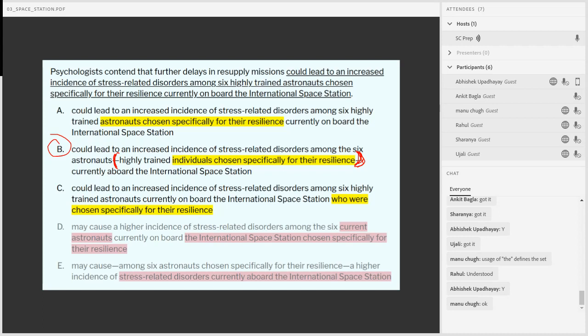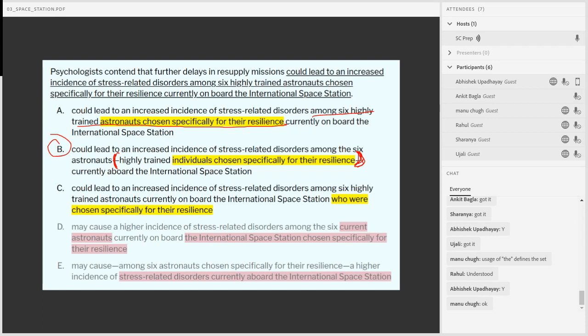Now, if we go for something like option A, it says that the disorders will be among 6 highly trained astronauts chosen specifically for their resilience. It means we're not talking about the others, but we're saying only those 6 who were chosen for their resilience will be affected. Right? Now, this is weird because, first of all, you would expect the disorders to affect all the astronauts. Secondly, even if somebody is affected, you would not expect the resilient ones to be affected.